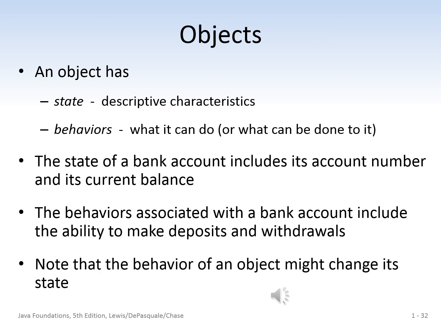So the example here is the state of a bank account includes its account number and its current balance. The behaviors associated with a bank account include the ability to make deposits and withdrawals, and I'm sure transfers would be in there also. Note, the behavior of an object might change its state. A deposit will change the current balance.